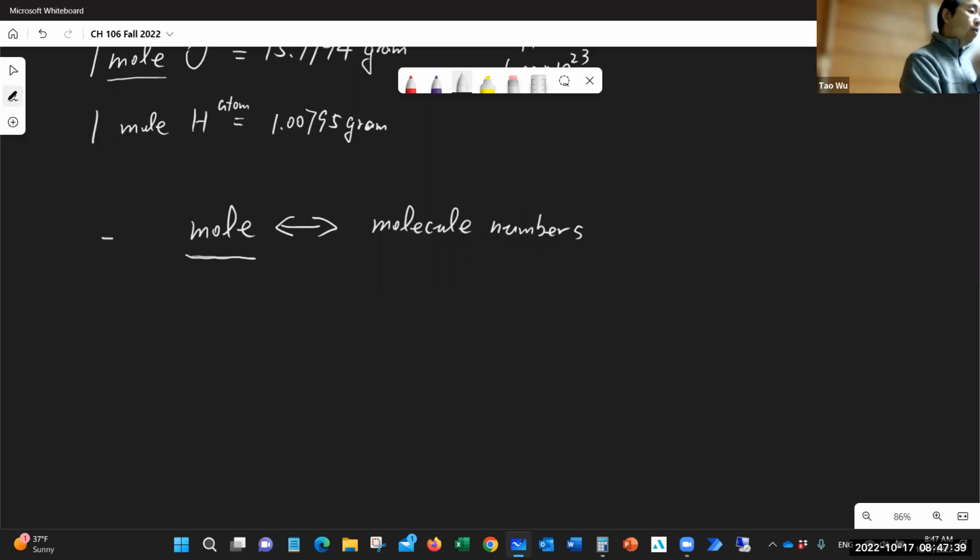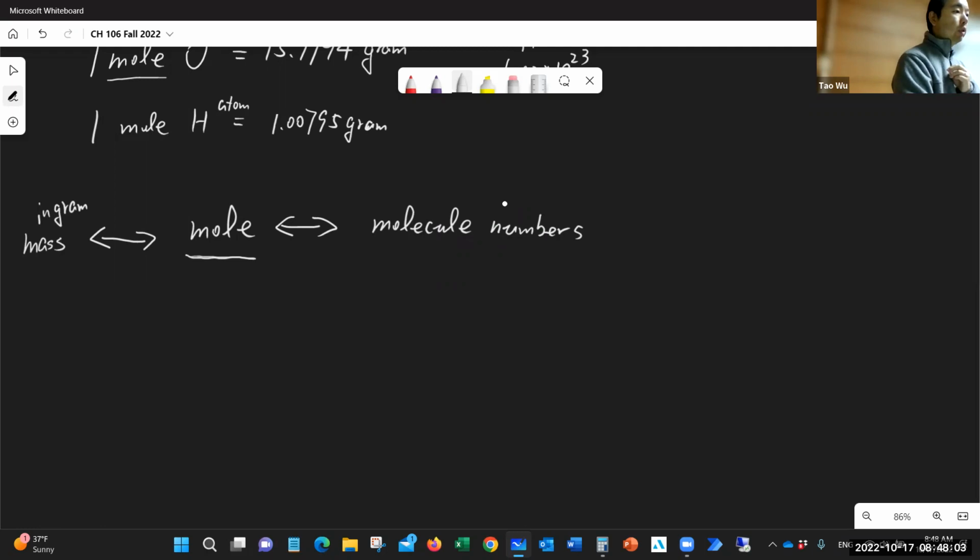Another thing is mole can also convert to the mass, especially in gram, because we know we can find 1 mole of certain things equal to how many gram of these atoms. We can find it in the periodic table.